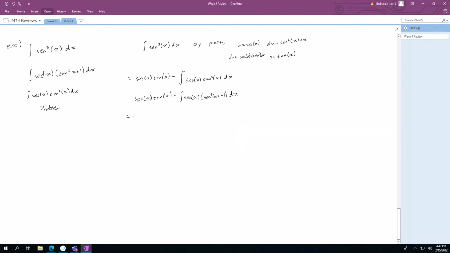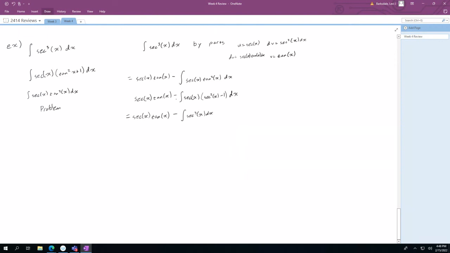Well, now I'm going to distribute. In general, it helps to distribute when you're integrating, unless you're specifically trying to make a u substitution and separating your u and your du. So here we have minus secant times secant squared, which is secant cubed.